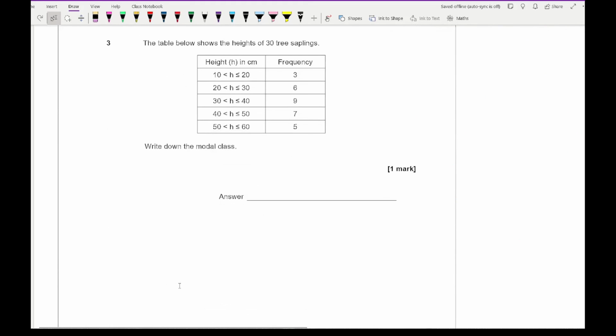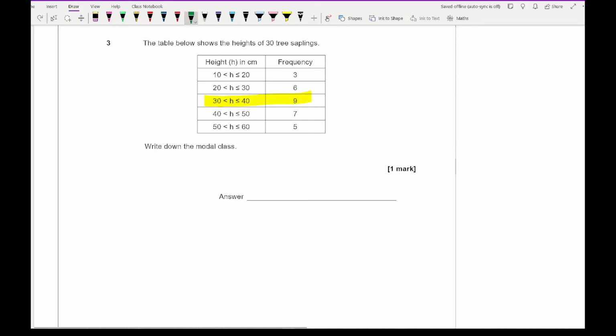Then for question 3, it says the table below shows the heights of 30 trees, saplings, and it says write down the modal class. Now the modal class is the group with the highest frequency, and that's going to be this one here. So this here is the one.